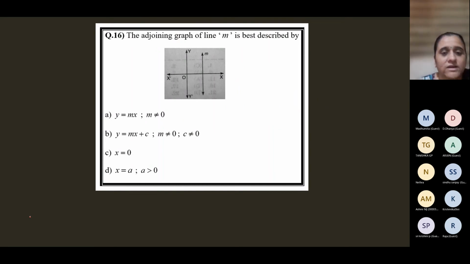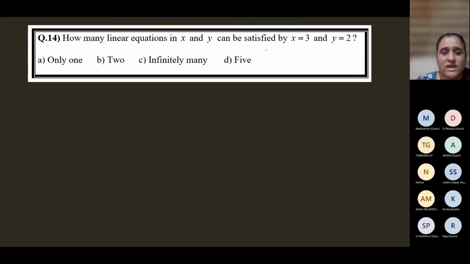I hope all of you understand that. In still simpler words, the equation of the x-axis is y is equal to 0. The equation of the y-axis is x is equal to 0. Let me write that, make a note of this. I'll write it here, children.